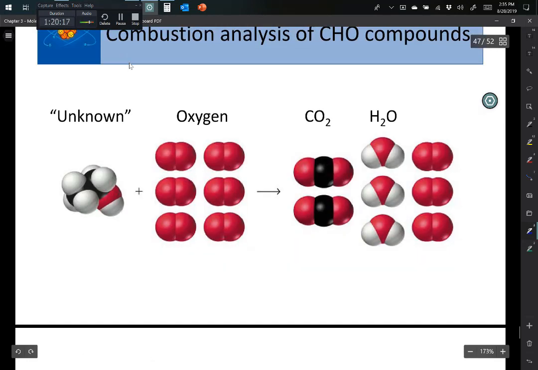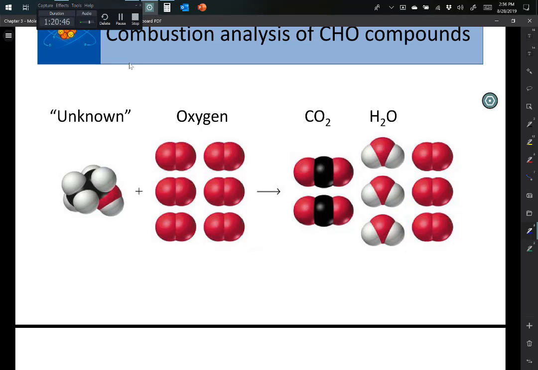Now think about an unknown. Here's the problem of an unknown. This is actually ethyl alcohol. It's not really unknown, pretend it's unknown. And I'm burning it with oxygen. And I use an excess of oxygen, so I use pure oxygen in this process. When it burns, it gives me carbon dioxide. And you know, ethyl alcohol has 2 carbons in it, so I'll get 2 carbon dioxides out for every one of these.